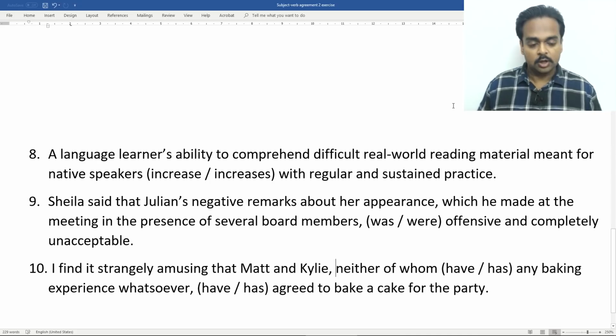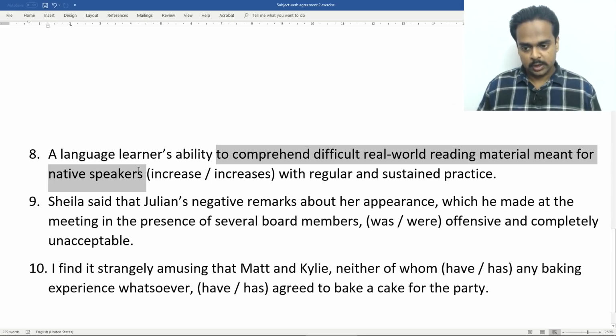So reading material which is meant for native speakers. Now, even though this is a relative clause, it doesn't tell you anything about the subject of the sentence. This relative clause gives you information about reading material. So this clause is actually within the prepositional phrase. So the phrase starts at to and it goes all the way up to native speakers.